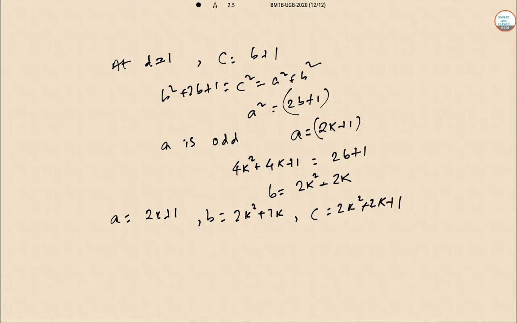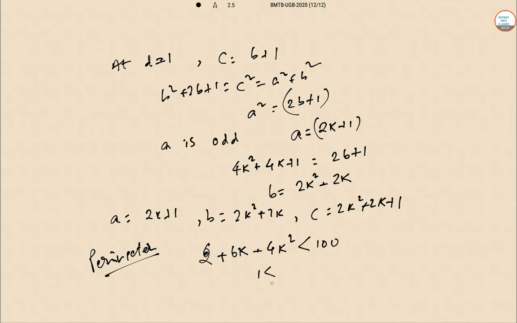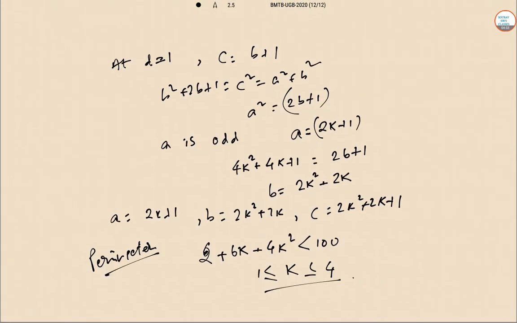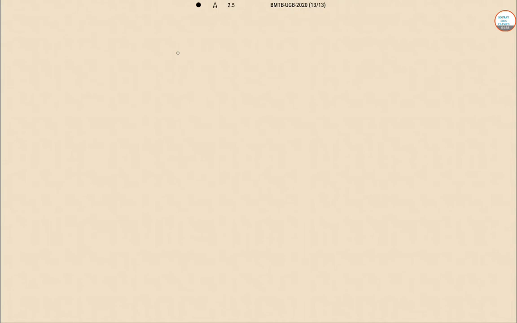The perimeter is 2 plus 6k plus 4k square, less than 100. Solving it gives the range of k. The possible triangles are 3, 4, 5; 5, 12, 13; 7, 24, 25; and 9, 40, 41.